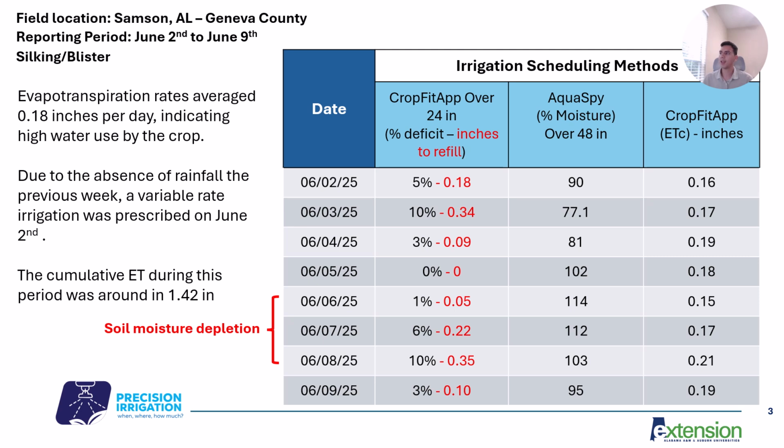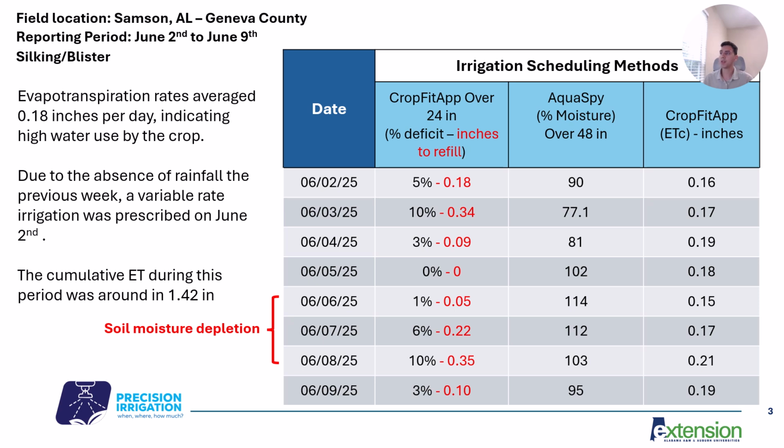We have a smaller deficit. This is because of the high amount of rainfall and also the irrigation that we applied at the beginning of the reporting period. And also here we are going to find the inches to refill to the optimum water level, or as we know, field capacity.